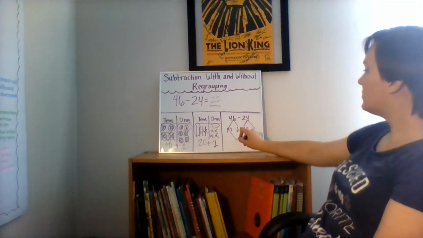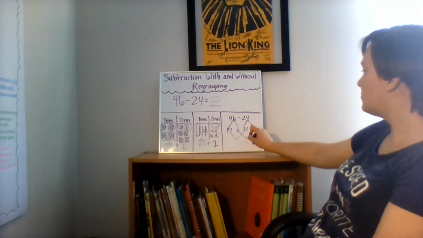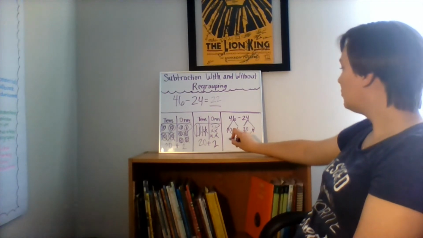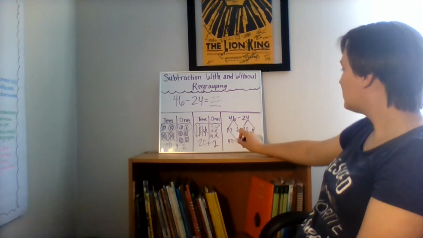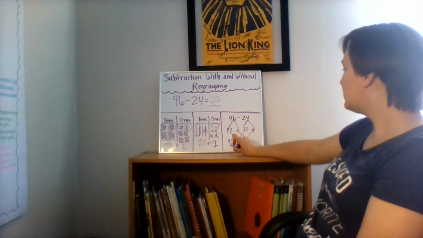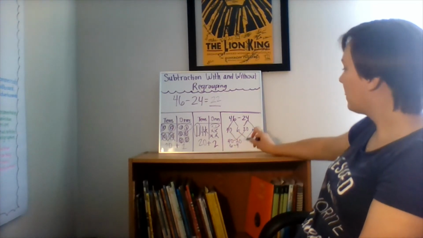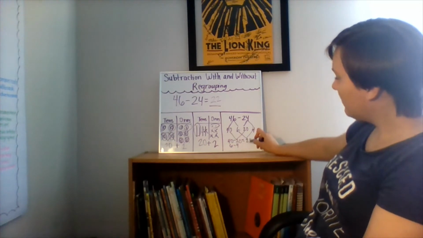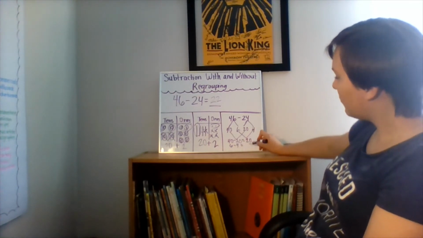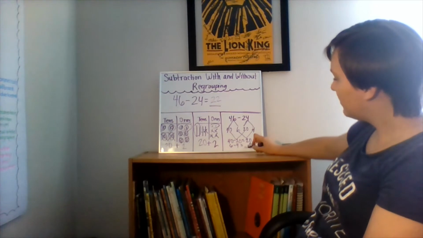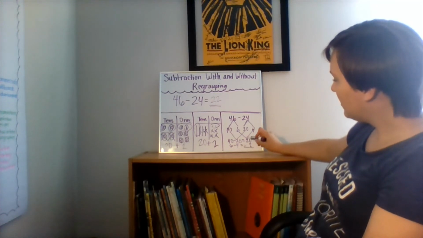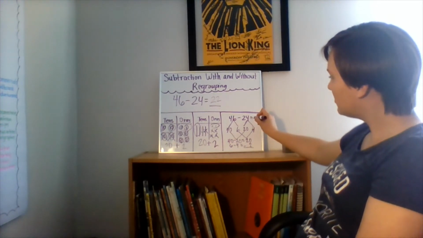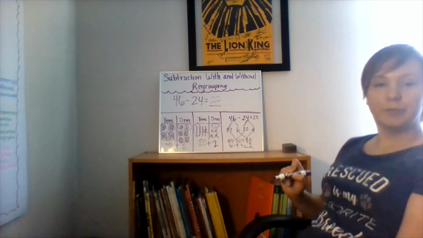Now, if you subtract the tens and you subtract the ones, you'll get 40 minus 20, and 6 minus 4. 40 minus 20 is 20, and 6 minus 4 is 2. When you add those together, 20 plus 2 gives you 22.